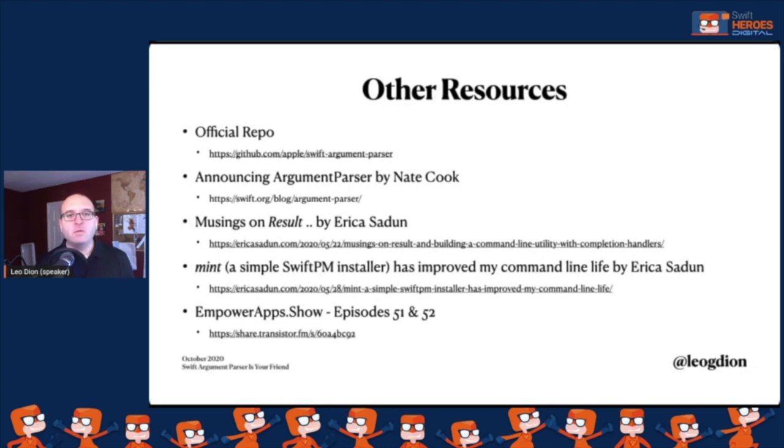Erica Sadoun, who has been on my podcast, has written a few great articles on Swift argument parser, which you can check out, whether that's dealing with asynchronous processes or installing via Mint. So links right there. And then Erica was on my podcast and she talked about Swift argument parser, and there's a link there to episode 52 with a link in the show notes to episode 51 as well.